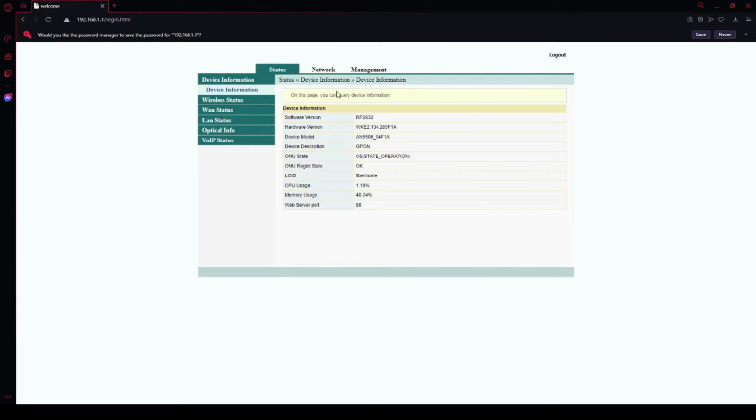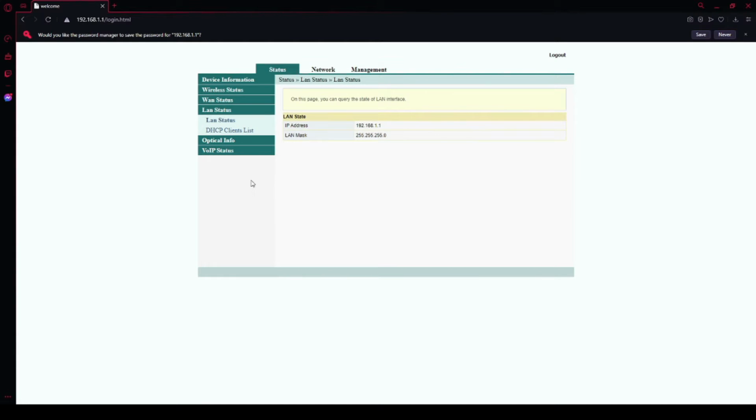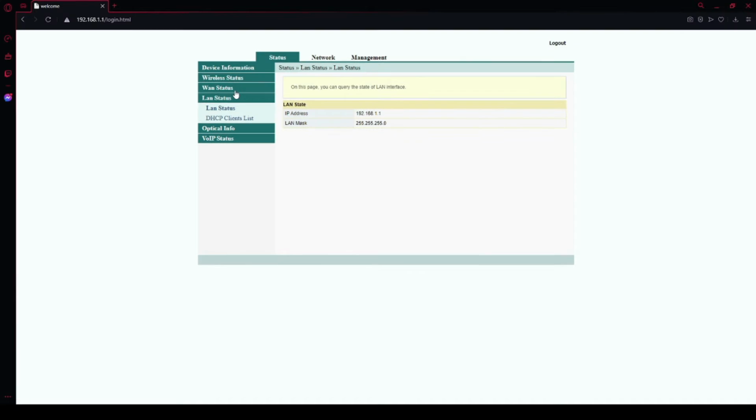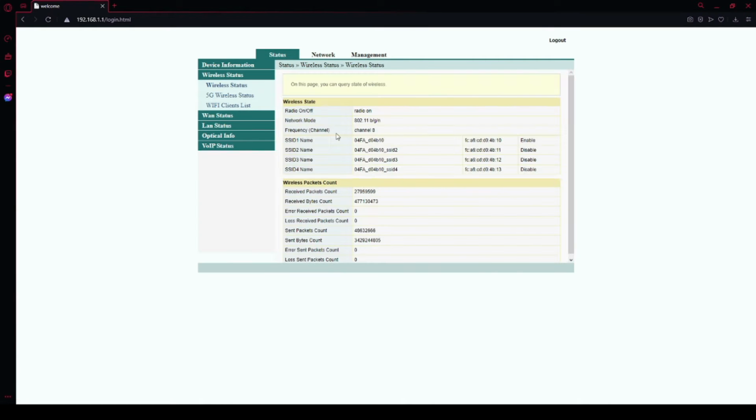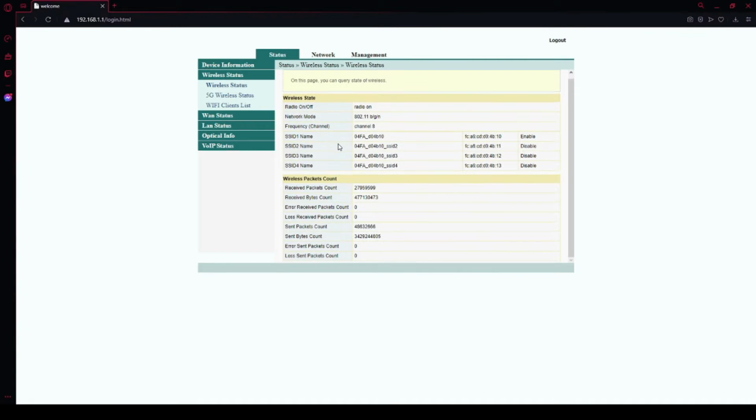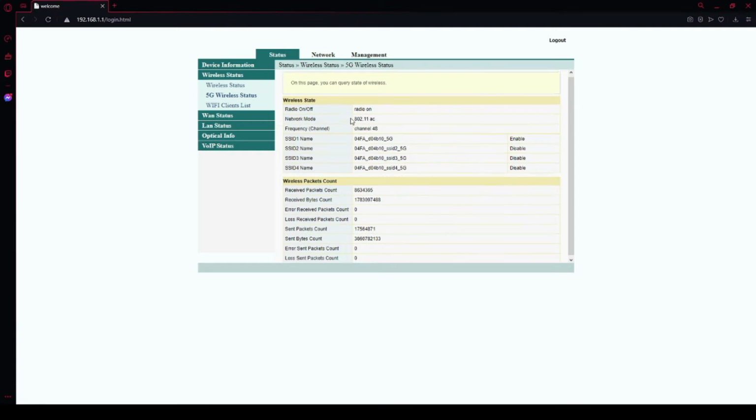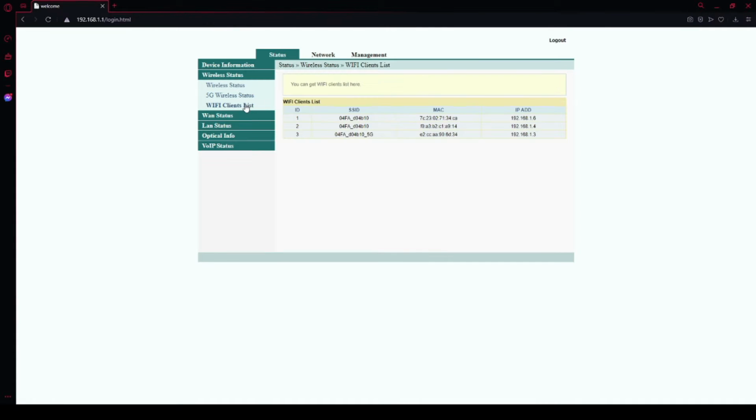Then after entering that, it will bring you here. As you can see, you can check the status of your router, your device information, your LAN status, and anything else. Here are your wireless status, 5G wireless status, and Wi-Fi client list.